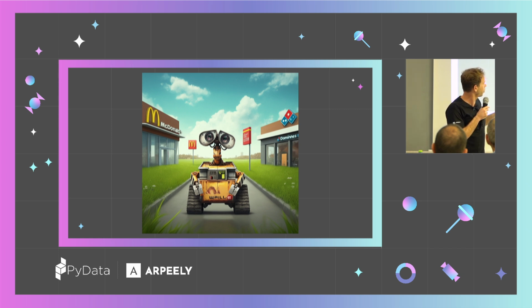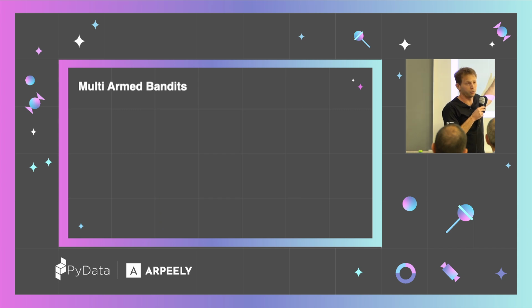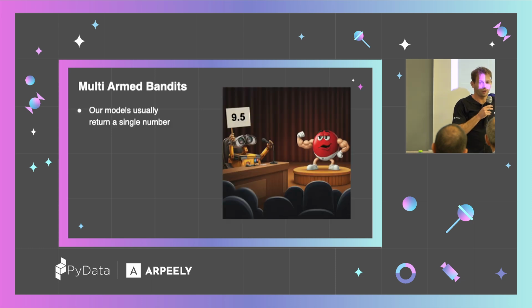To figure out how it works, let's go back to the problem with the multi-arm bandit, okay? When I ask my model what it thinks of the restaurant or a certain ad, it gives me one number, right? I say, how good is the ad? It says 9.5. But I have no idea if the 9.5 is based on one meal at the restaurant or 100, if it's sure, if it's not, if it's sure but only for, you know, sports websites.